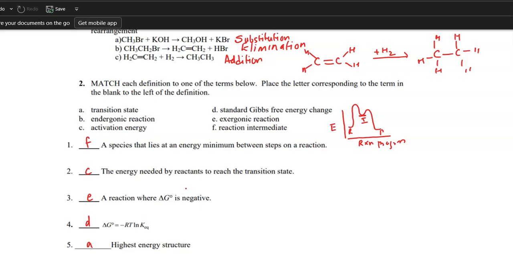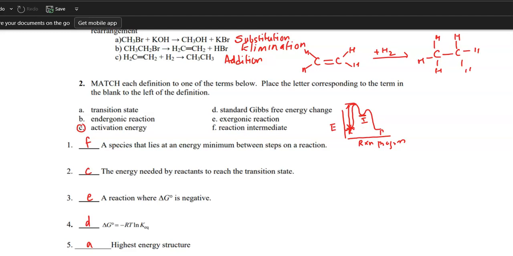Alright, the next one is asking the energy needed by reactants to reach the transition state. So going from the reactant here to the transition state, how much energy is required? That is the activation energy, so C is the correct answer for that. And then the next one is asking for a reaction where delta G is negative.